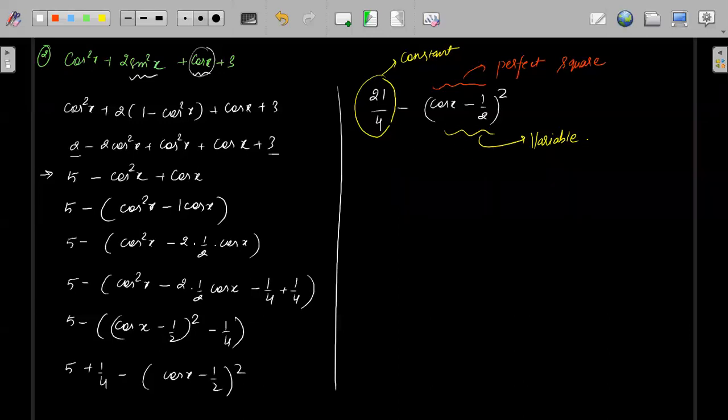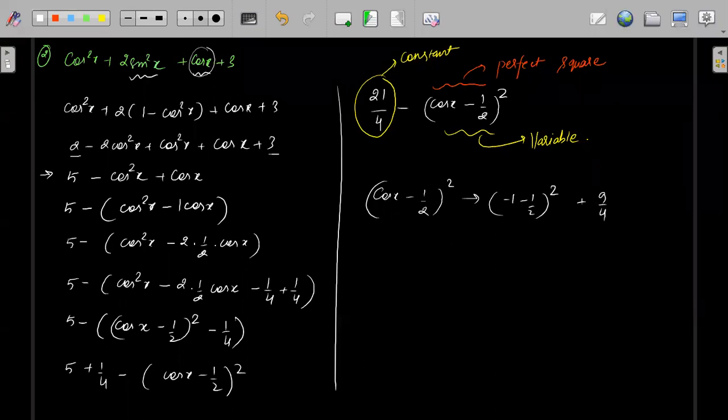Now because this is subtracted, the maximum value of this will be when cos x is minus 1. So minus 1 minus 1 by 2 whole square, so this will become 3 by 2, so this will become plus 9 by 4.